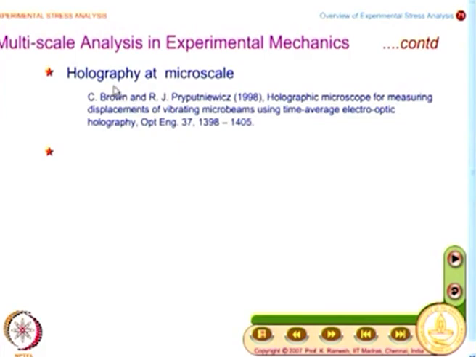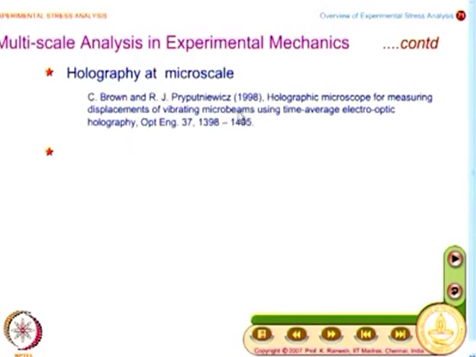Then you come to holography, you have a paper by C. Brown and R. J. Pryputniewicz in 1998, published in Optical Engineering, you can put it as OE, and this was for a holographic microscope for measuring displacements of vibrating micro beams using time average electro optic holography.